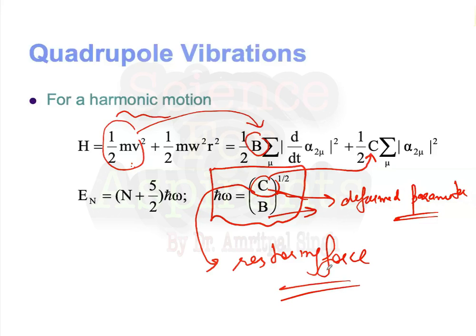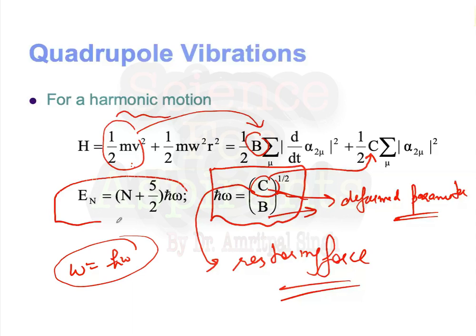The restoring force depends on how these nucleons interact, and how the value of C is changed. Based on these B and C constants, the angular frequency of the nucleons is changed continuously. From this angular frequency they have found the total energy for different states.